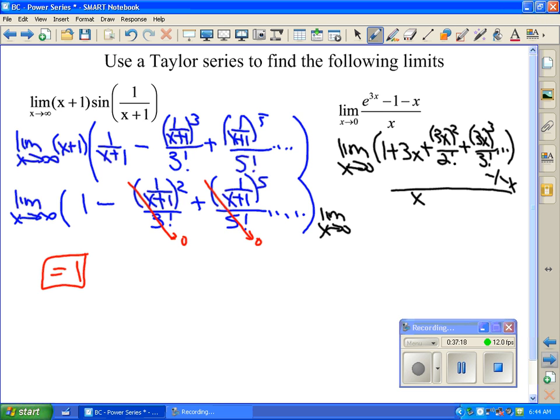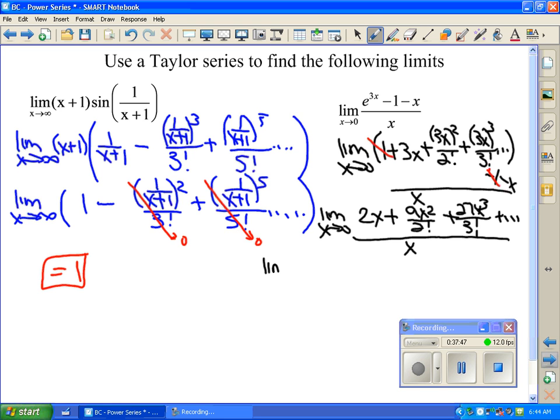So notice if I take the entire series and subtract a 1 and subtract an x, I lose the first one, and then I'm down to 3x minus x, which is 2x, plus 9x squared over 2 factorial, plus 27x cubed over 3 factorial, plus a bunch of other terms. But notice every single one of those terms has an x in it, so I can actually divide x out of every single term.